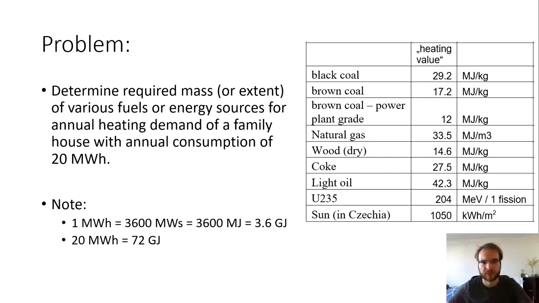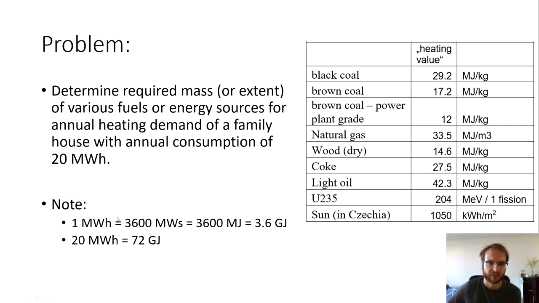So first thing to note, how to convert energy units. You definitely know the megawatt hours, which we have here, and also another unit of energy is the joule, or its multiples such as megajoule, gigajoule.